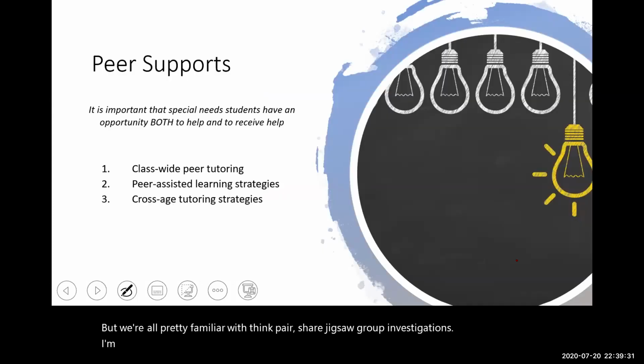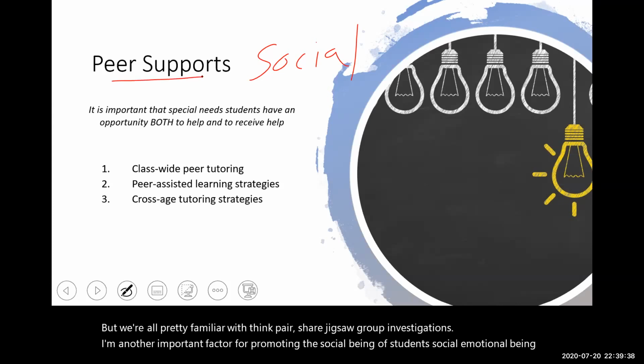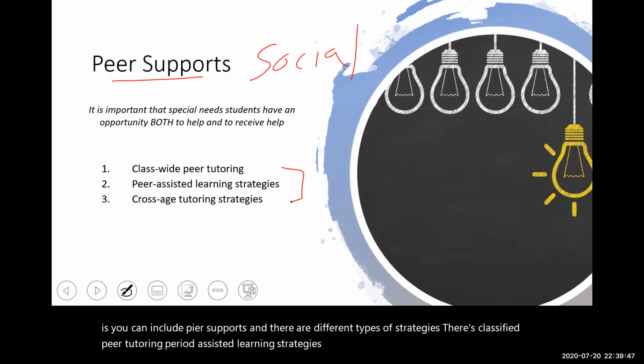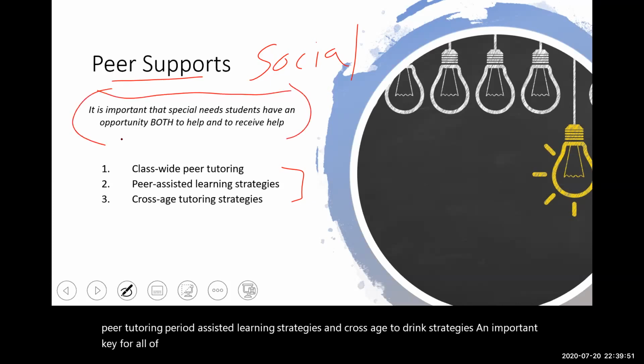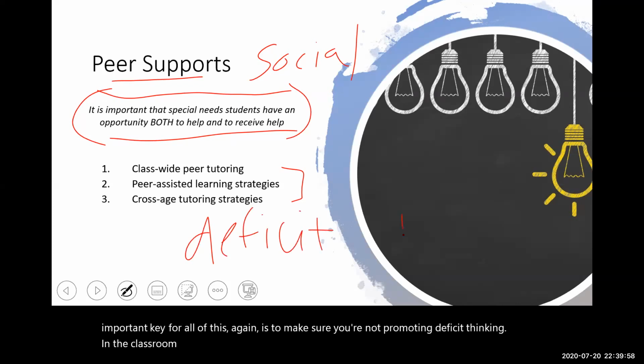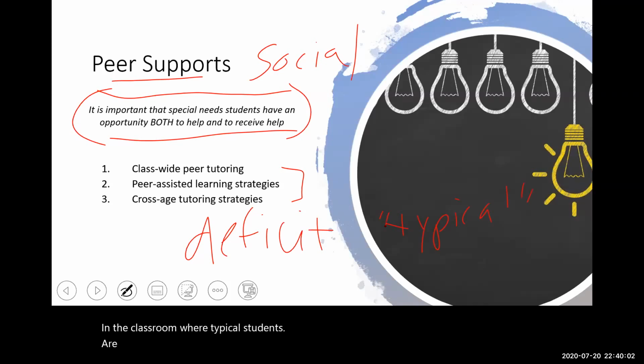Another important factor for promoting the social-emotional well-being of students is to include peer supports. There are different types of strategies: class-wide peer tutoring, peer-assisted learning strategies, and cross-age tutoring strategies. An important key for all of this, again, is to make sure you're not promoting deficit thinking in the classroom, where typical students are helping special needs students only.